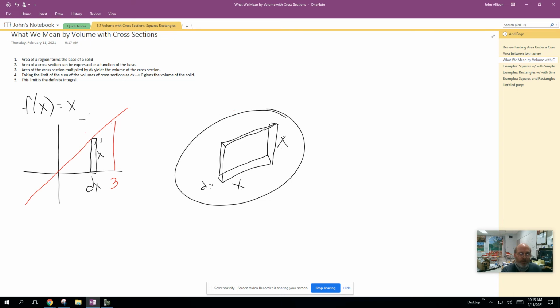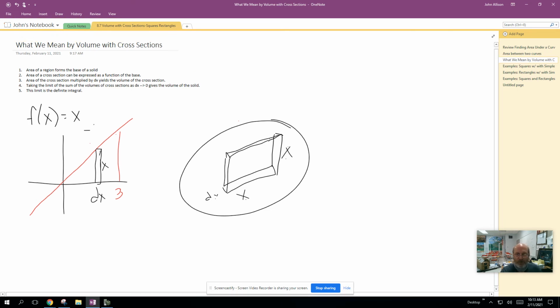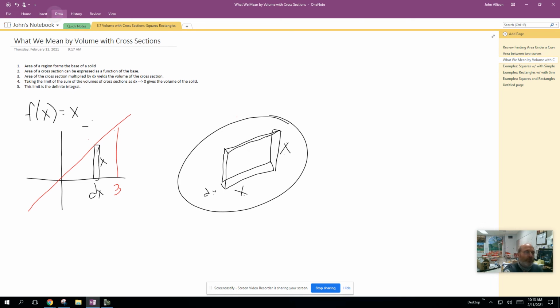So the volume of this one cross section is going to be x, whatever f of x is, times x, length times width times height, times dx. And so the volume of one cross section is x squared dx.